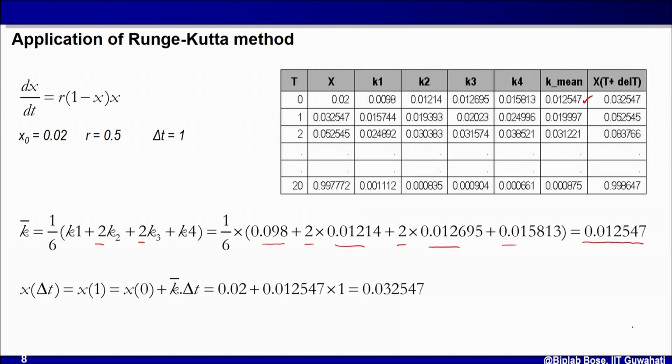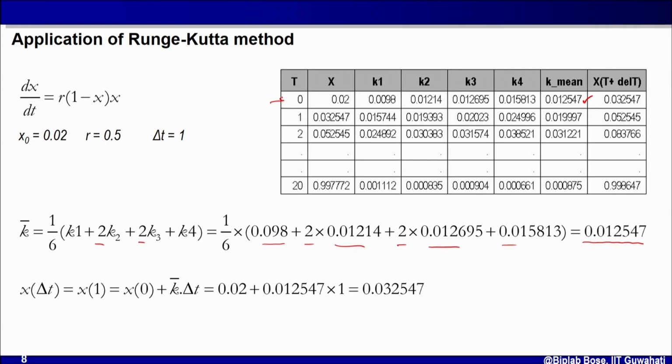So if I now increment time by delta t using this mean slope, I will get a new value of x at t plus delta t. So t was 0, initial time is 0. So the value of x at 0 plus delta t, that is x at delta t, where delta t is 1, will be equal to x at 0 time point plus mean slope into delta t. x at 0 time point is 0.02.